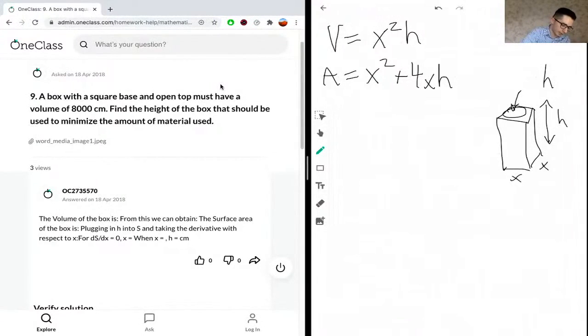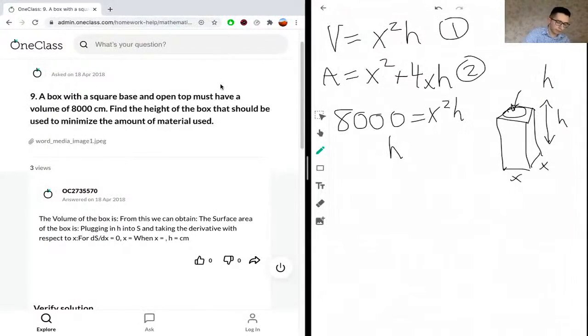So here we have 8,000 equal to x squared h. We're going to isolate for h, and we're going to use h to substitute into equation 2. We'll call this equation 2, we'll call this equation 1.